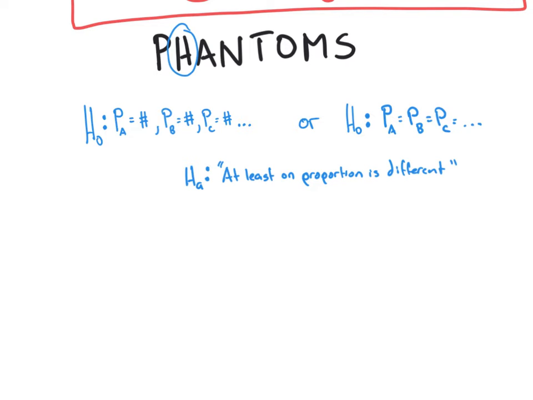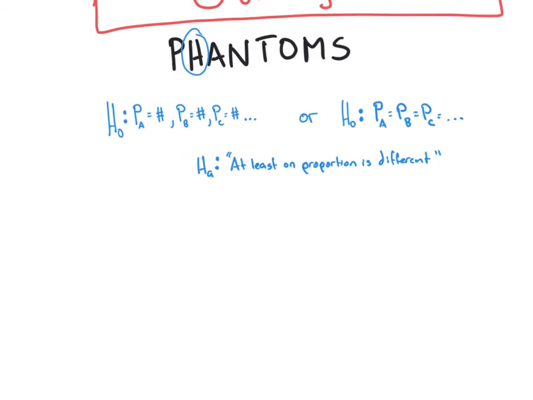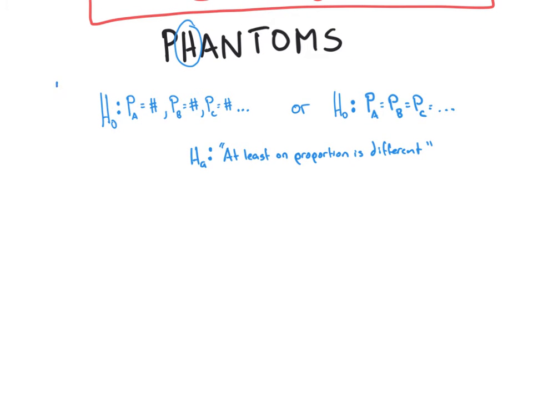We don't care which one is different. The chi-squared test itself doesn't care which one is different. If it is able to reject, it's saying one of these is in fact different. All right, so that's what it looks like. So that's your hypotheses. Again, you're going to use one of those standards, and always that alternative standard. All right, let's go to the next piece.